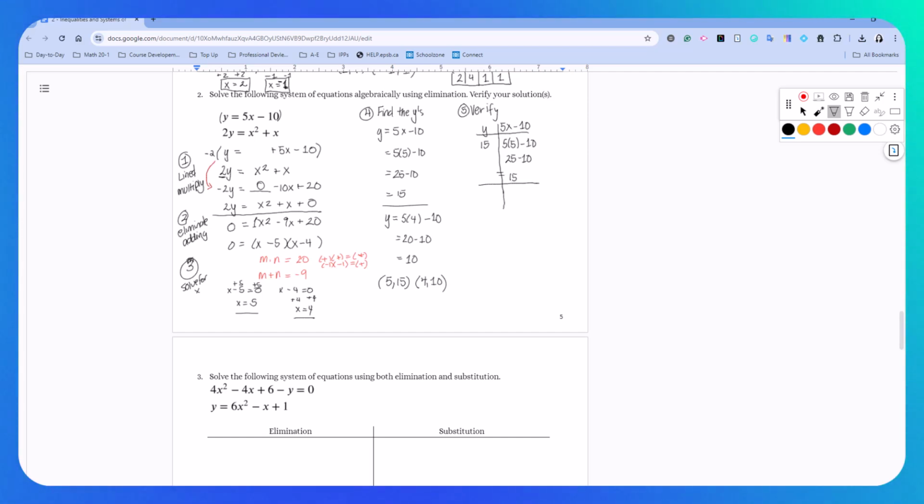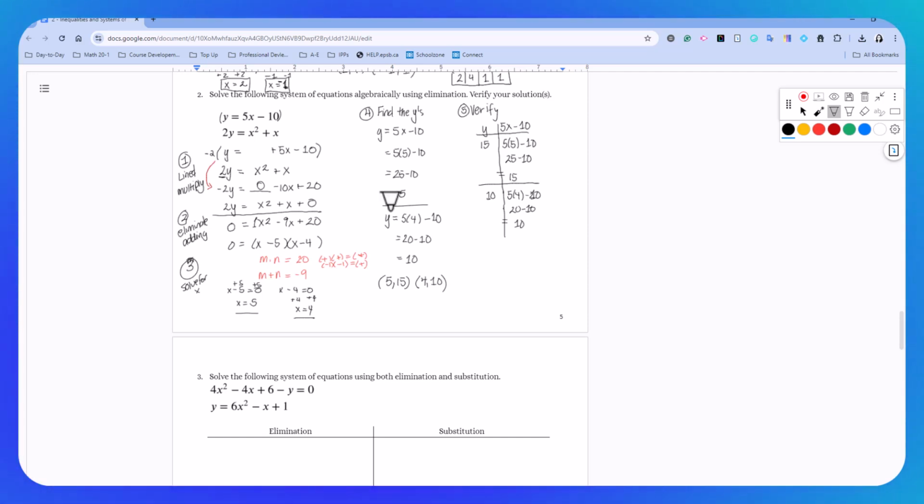And that worked. And we're going to do the same thing with 4 and 10. 5 times 4 minus 10 equals 20 minus 10, which equals 10. And that worked right there.